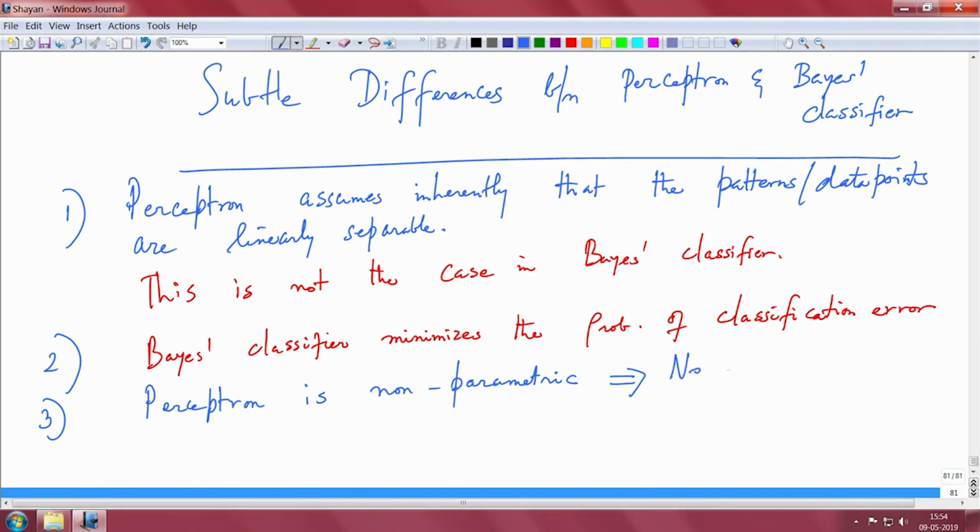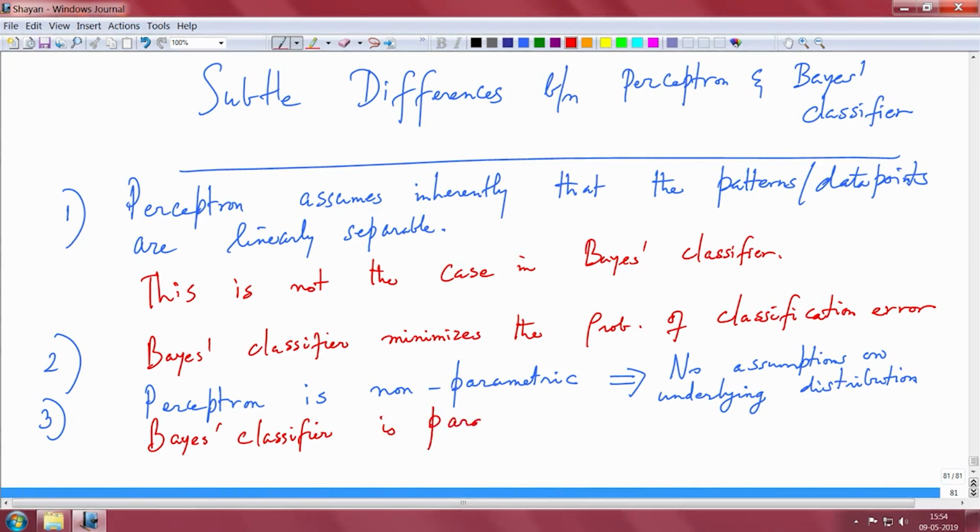No assumptions on the underlying distribution, because at times we may want to even estimate the distribution. There are ways in which we can estimate the distribution, whereas the Bayes classifier is parametric.